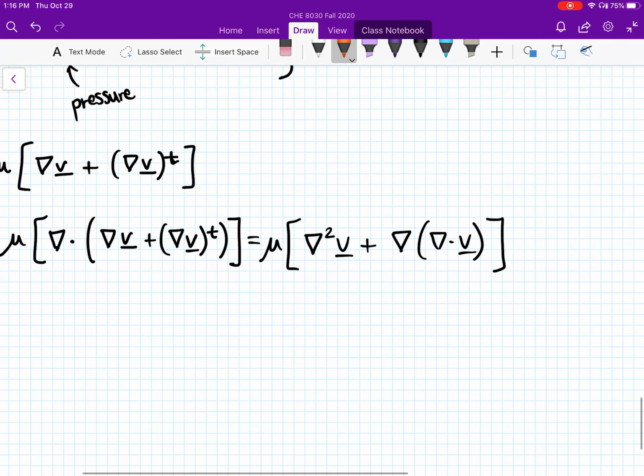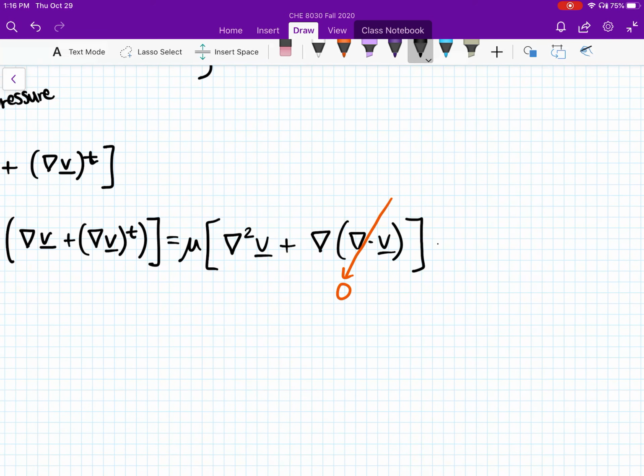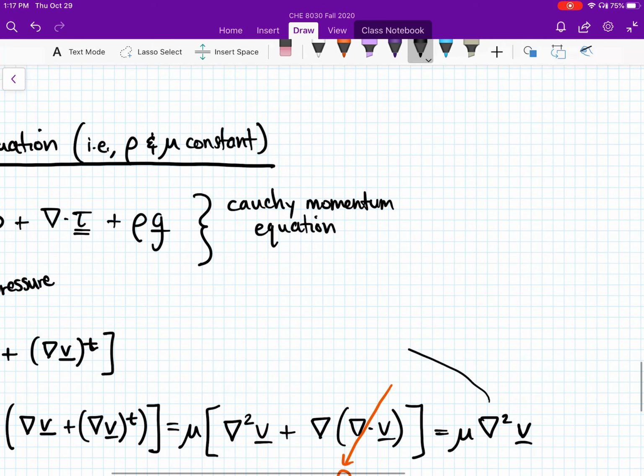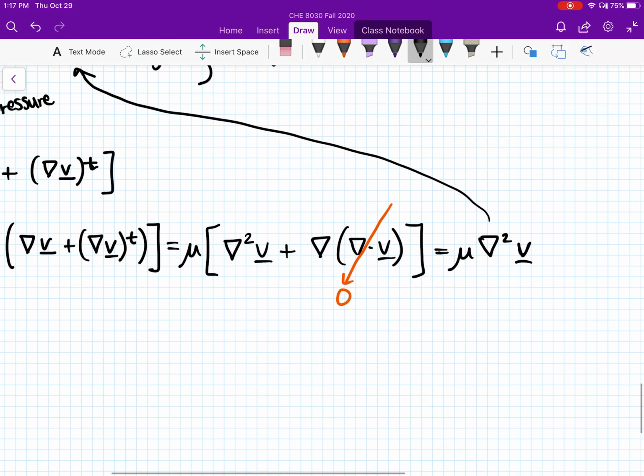So we can come down here to our equation, cancel that term out, and we are simply left with the shear viscosity and the Laplacian of the velocity. I'm going to take that, and I'm going to plug that back into my Cauchy momentum equation.